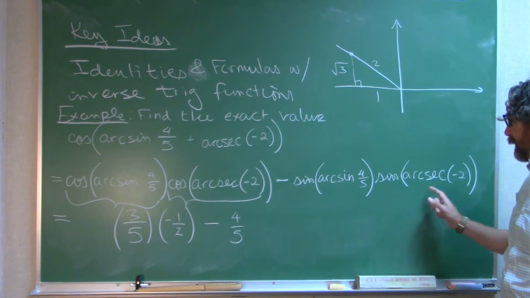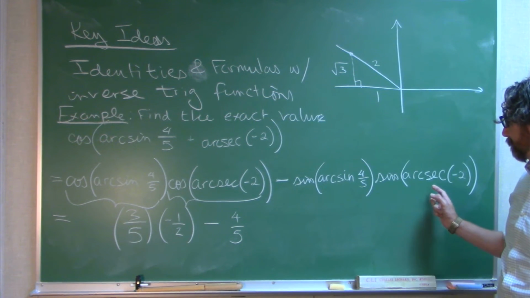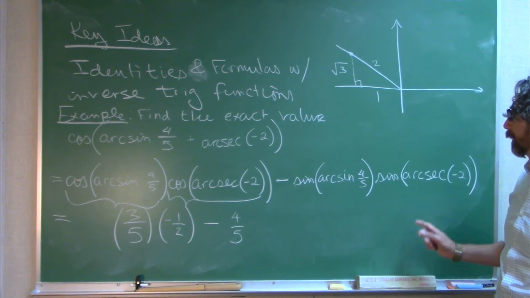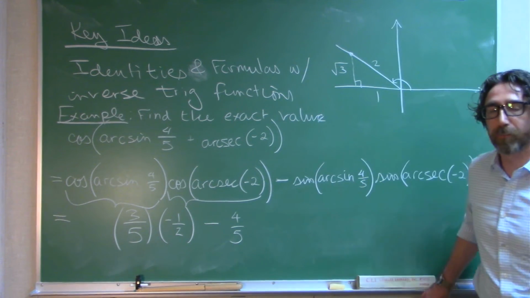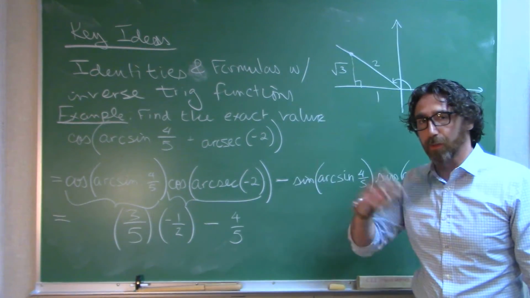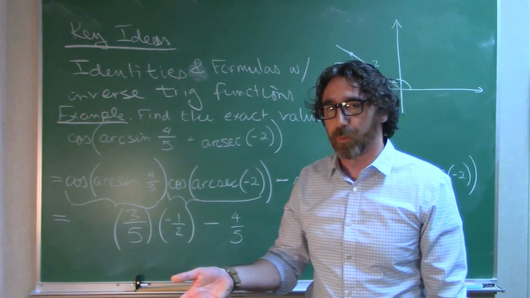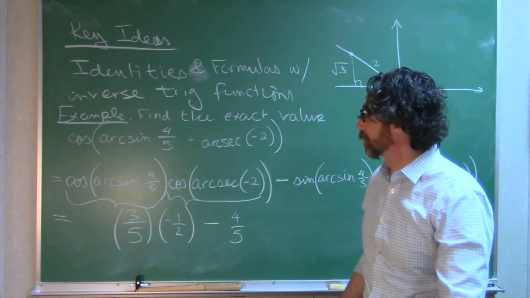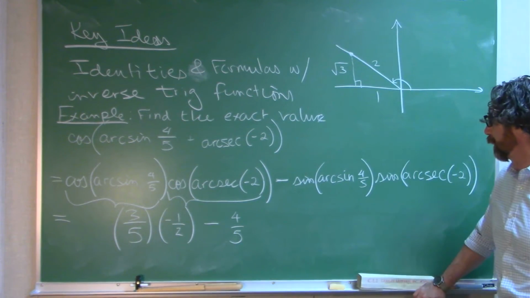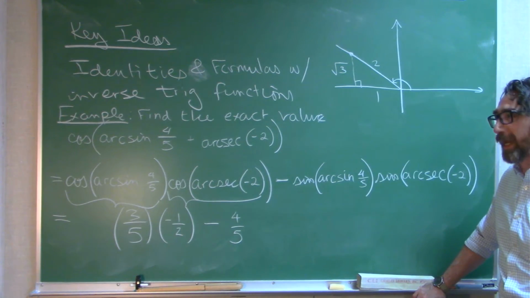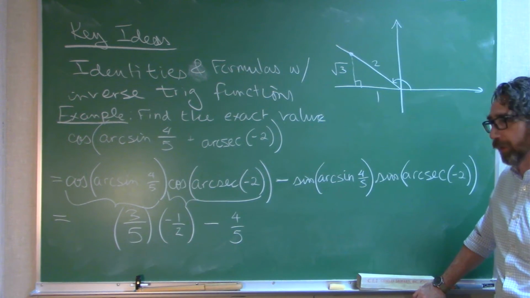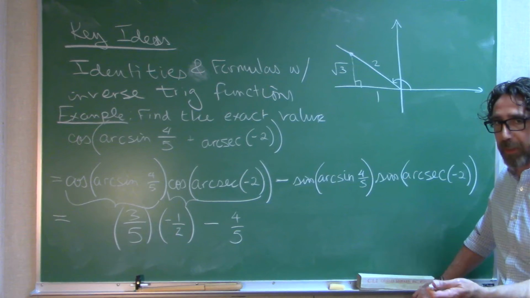Okay, so arc secant -2 must be talking about an angle like this. Arc secant and arc cosine would have the same range. They'll always give you something between 0 and 180.